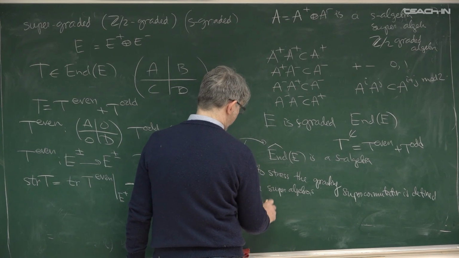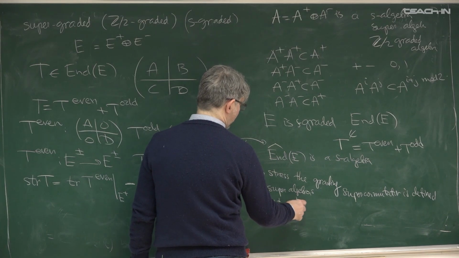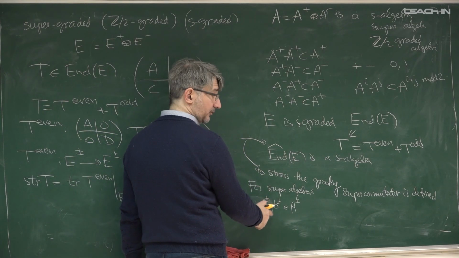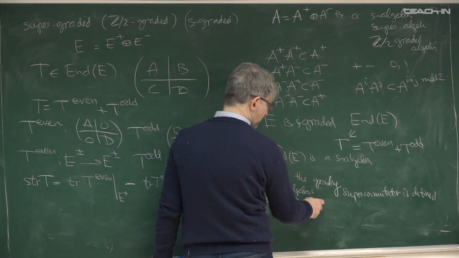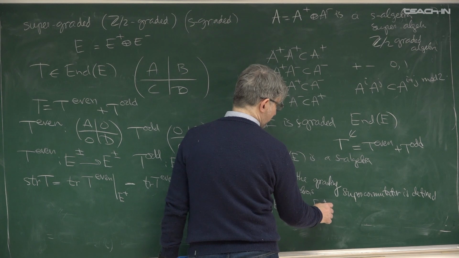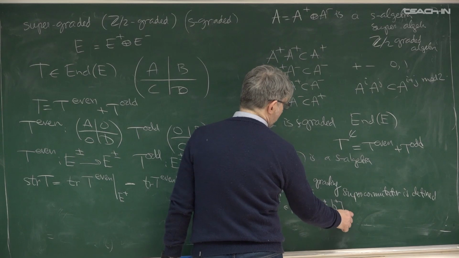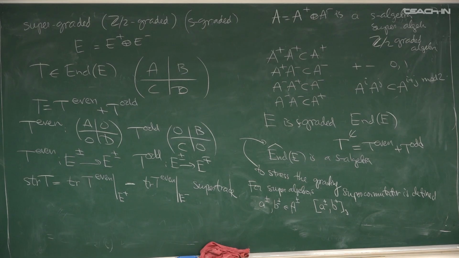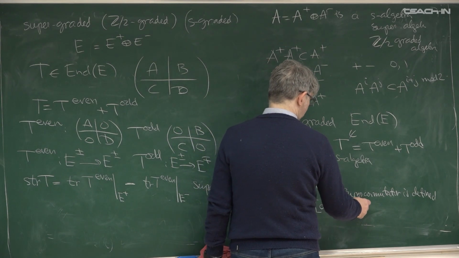So let A plus minus and B plus minus belong to A plus minus. So we have a superalgebra A and we have elements of different parity, A and B. And I want to give you a definition of, not a supertrace, sorry, supercommutator. Supercommutator, in this case, is the standard commutator.